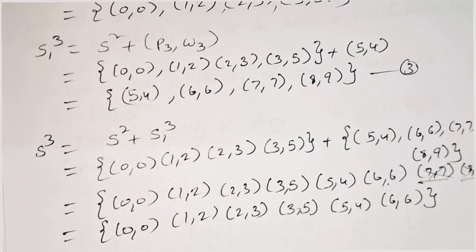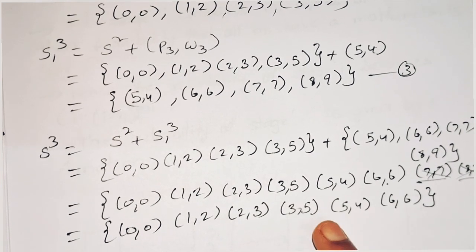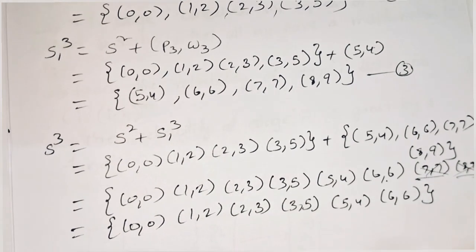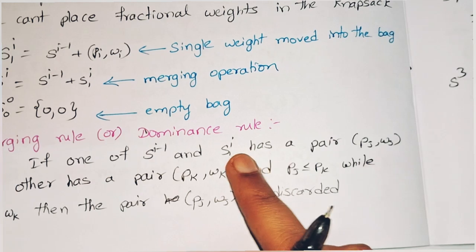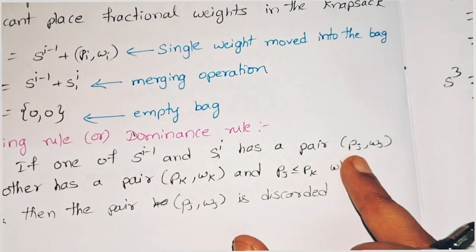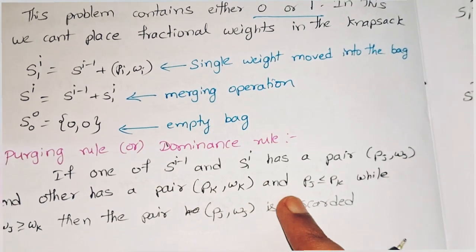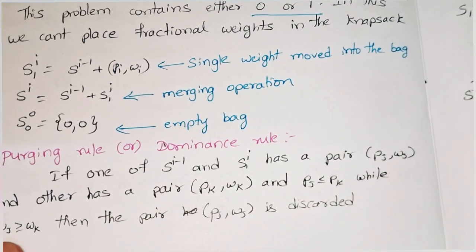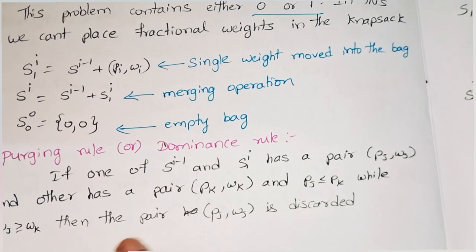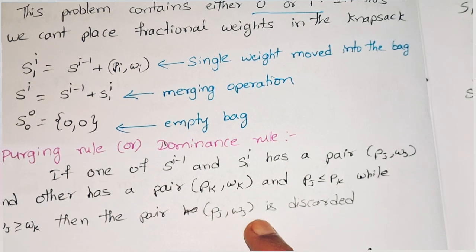So now if you observe the 3, 5 and 5, 4 here, we are going to learn about the purging rule. So what is the purging rule? So purging rule or dominance rule means if one of the Si minus 1 and S1I has a pair Pj, Wj, and the other has a pair Pk, Wk, and Pj less than or equals to Pk, while Wj greater than or equals to Wk, then the pair Pj, Wj is discarded.